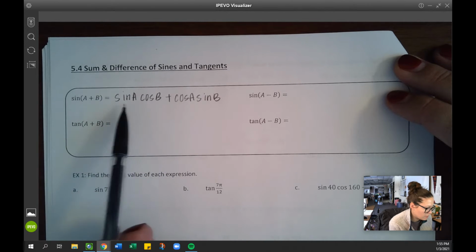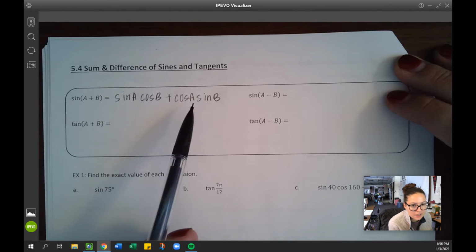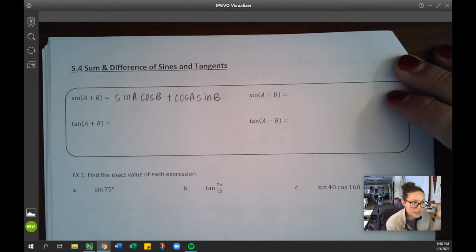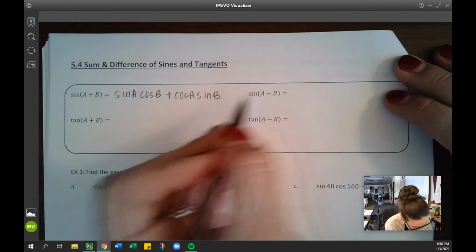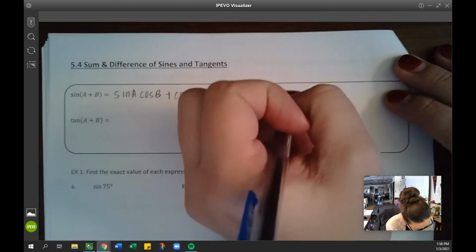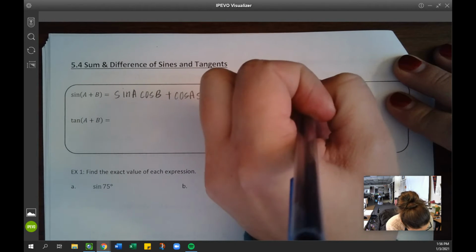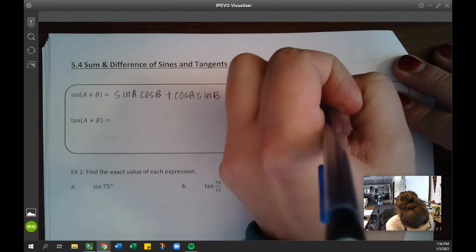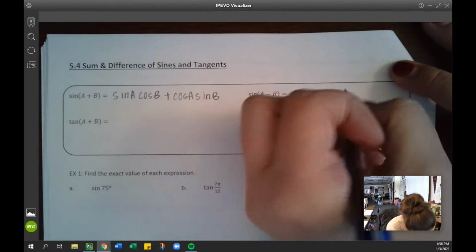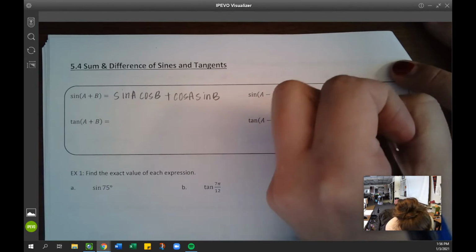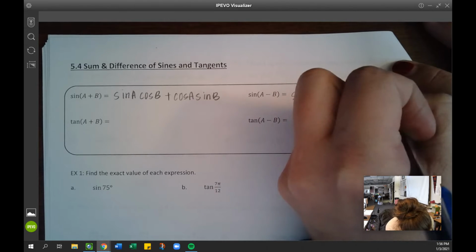However, the cosine and sine are together instead of cosines together and sines together. And then the difference is exactly like the sum. It's just a subtraction in the middle. So we have sine A cosine B minus cosine A sine B.